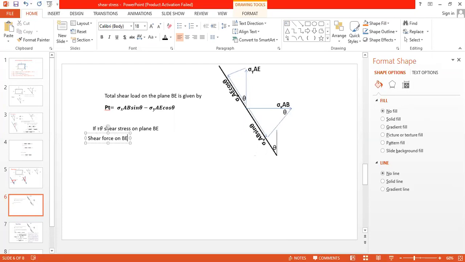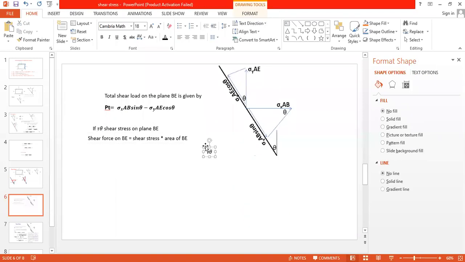It is equal to the shear stress into the area of B. Am I right? Have you got it? What is the shear stress here? Tau theta is the shear stress.